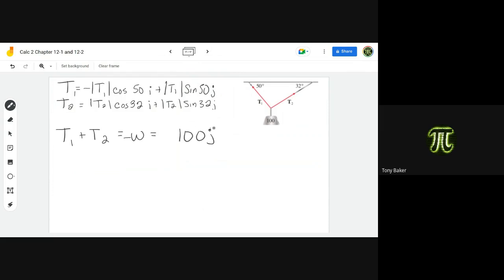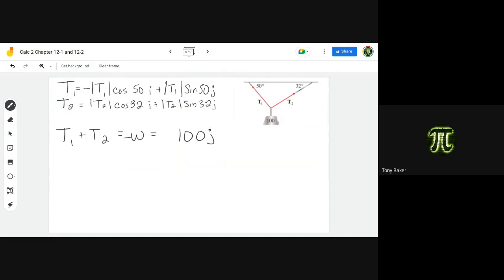So it's going to be a positive 100J because the counterweight's pulling down, but the weight on the tensions is positive. It's a physics thing. Technically, it's what? Oh, statics, not physics. Okay. It's one of those classes that I, believe it or not, never had to take.